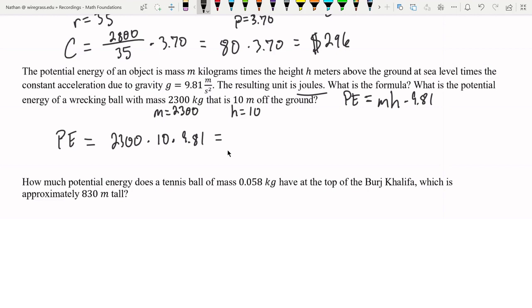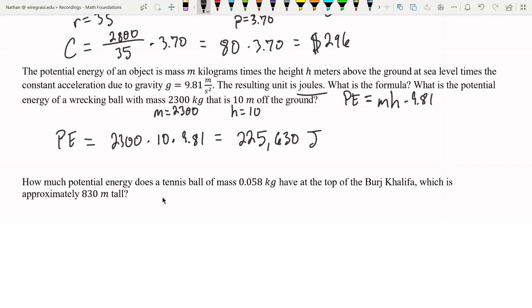Going left to right, 2,300 times 10 times 9.81. It's 225,630 joules. That's how you write the symbol there.